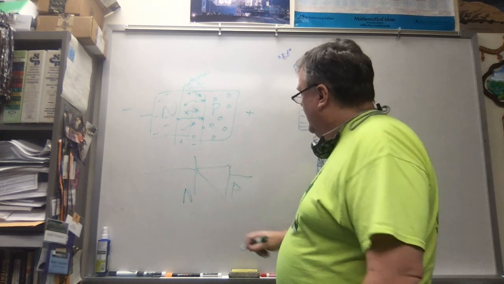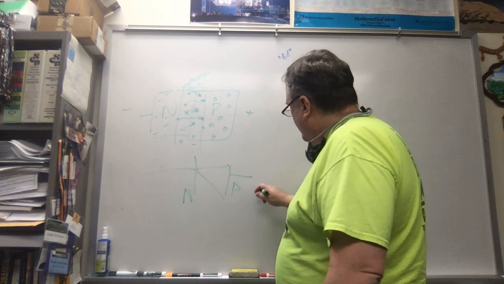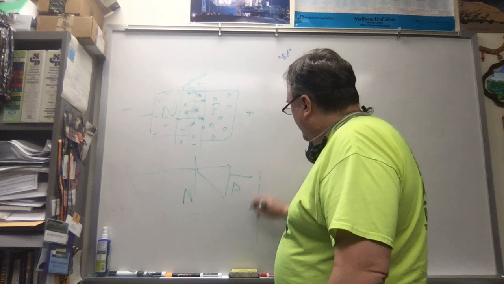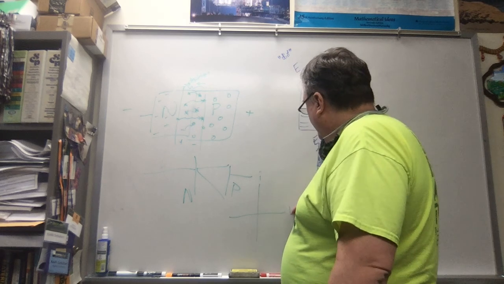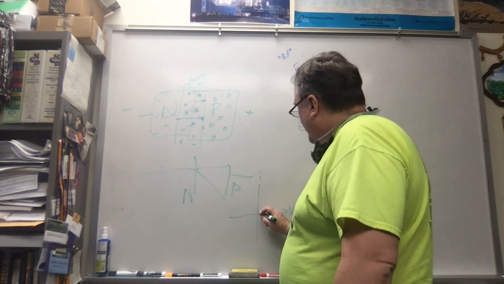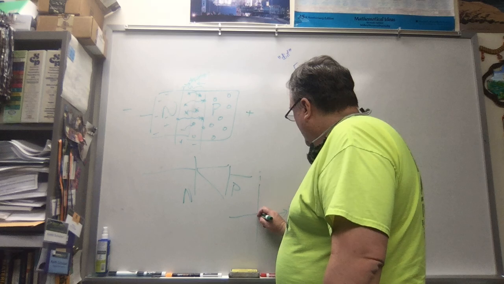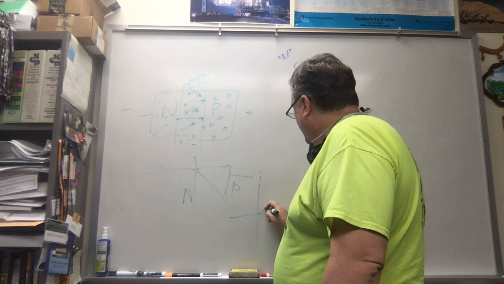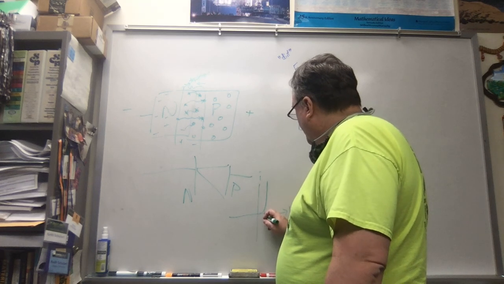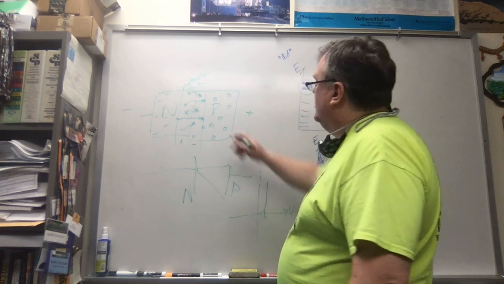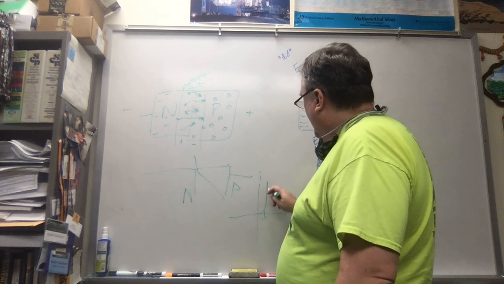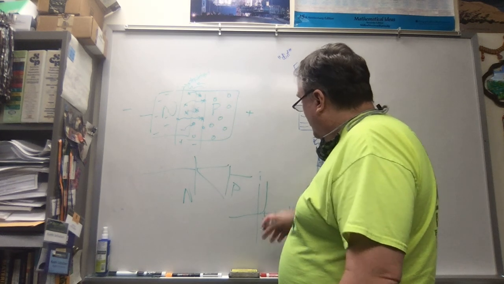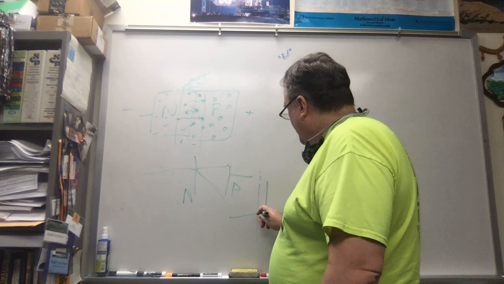If we were to look at this and plot our current I versus our voltage V, once we get to that 0.7 zone, we get a very rapid uptick, assuming this is against silicon. We have a lot of current for almost no voltage because it's like a wire.